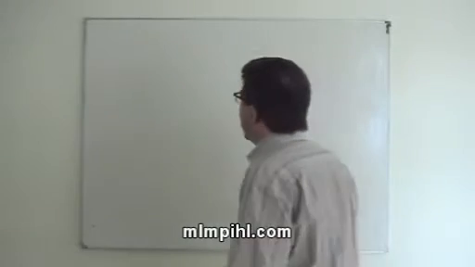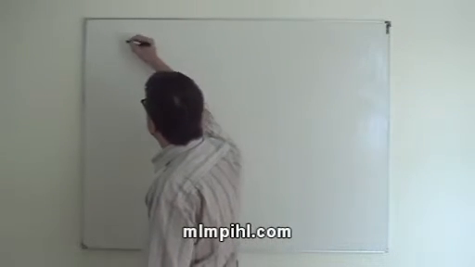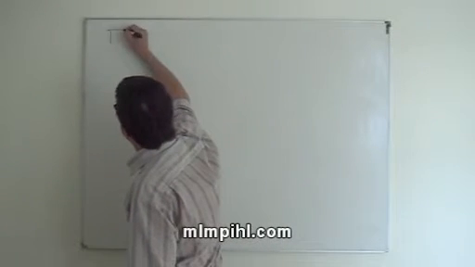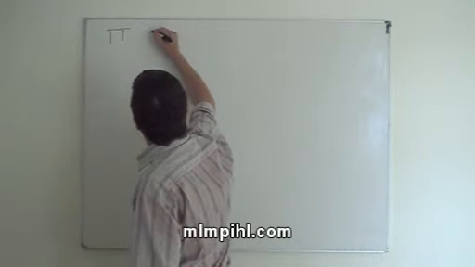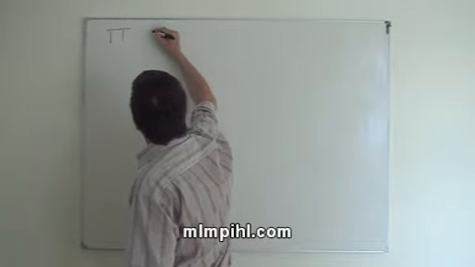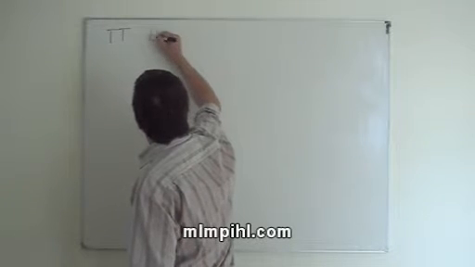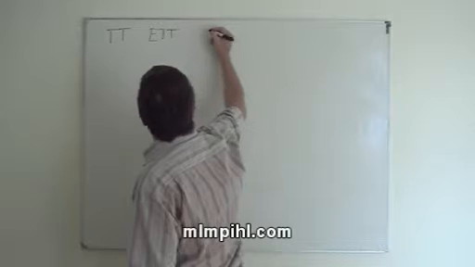I will use the compensation plan that we use in my company. My company is called ACN, and we have a few steps to climb to get to the top. If we look at them from one end to the other, the first one is called Team Trainer, then ETT, Executive Team Trainer.